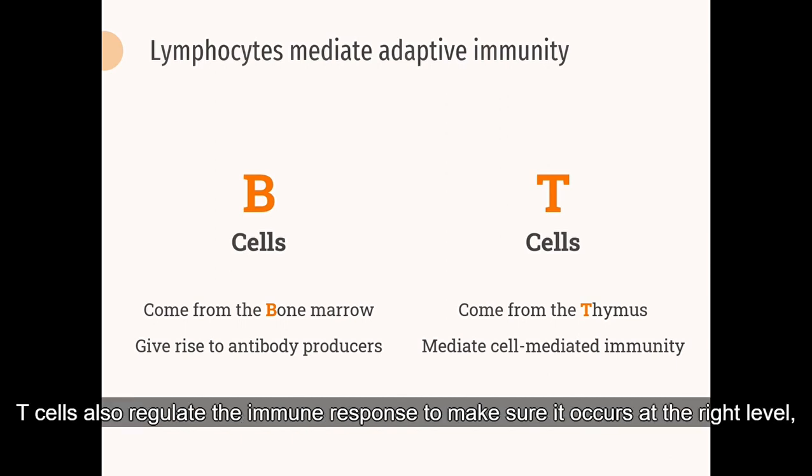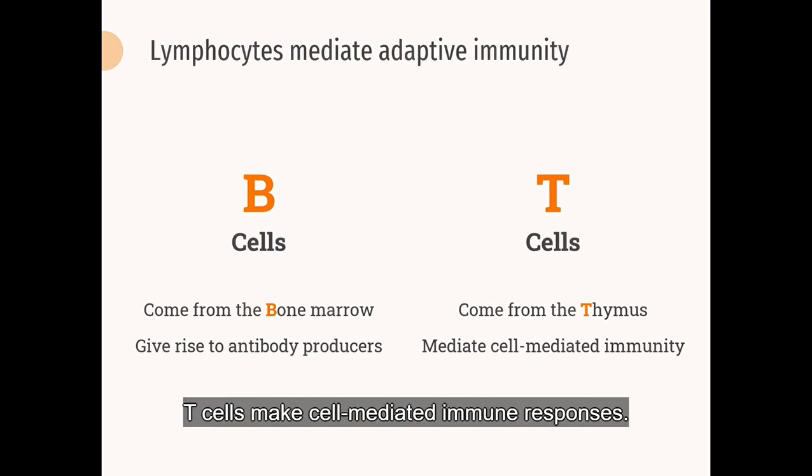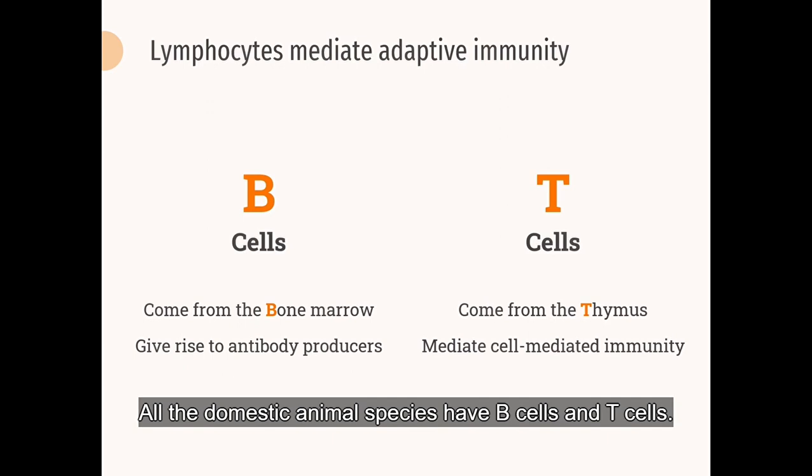T cells also regulate the immune response to make sure it occurs at the right level, at the right time, in the right place. So B cells make antibodies, T cells mount cell-mediated immune responses. And all the domestic animal species have B cells and T cells.